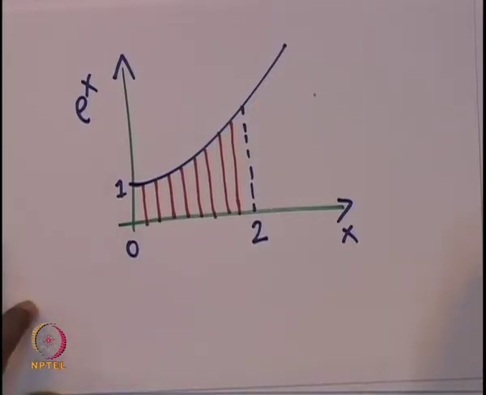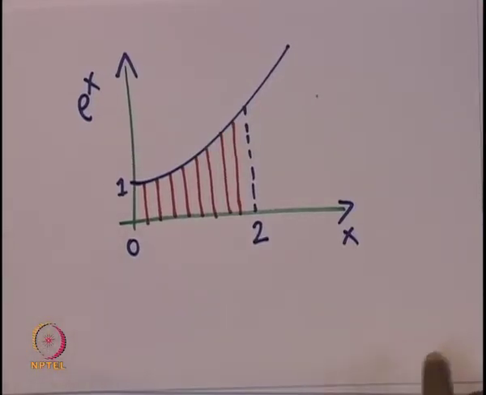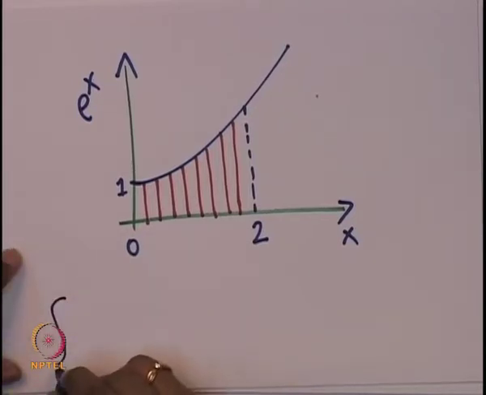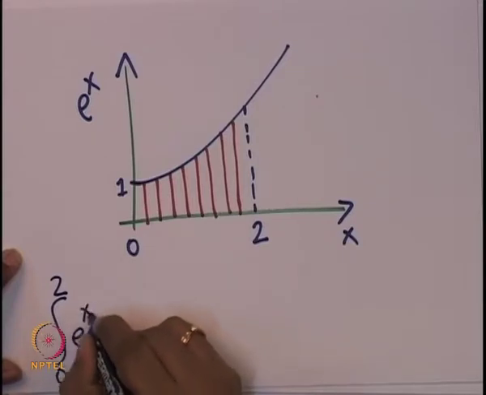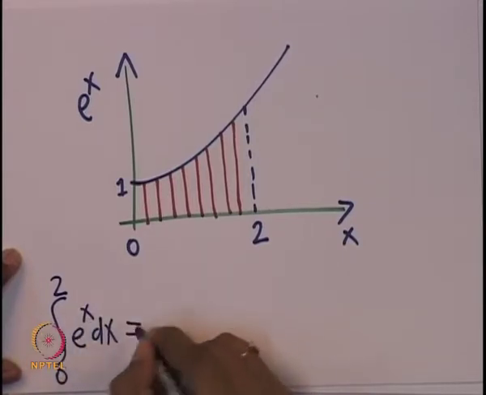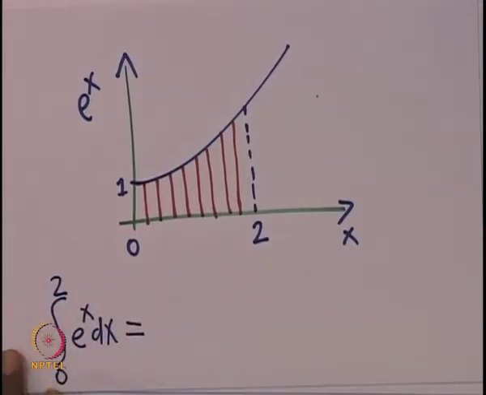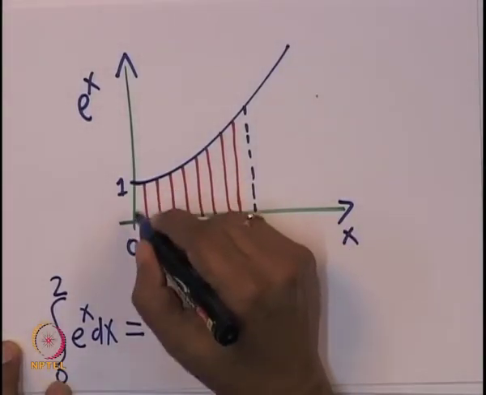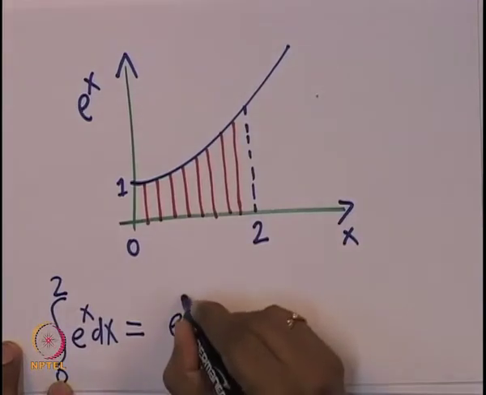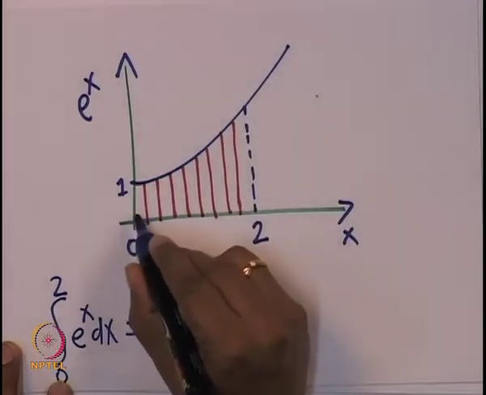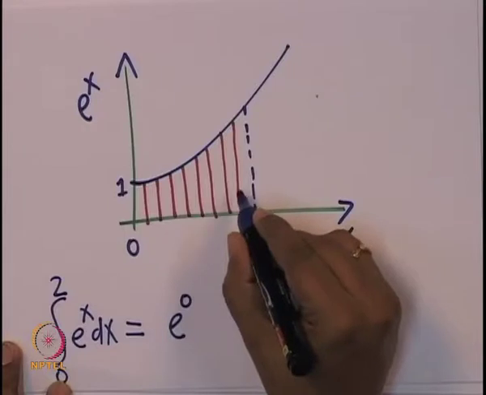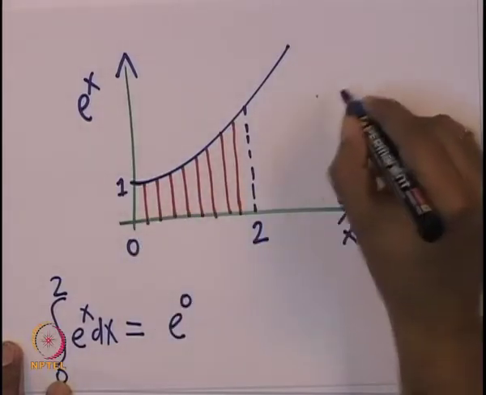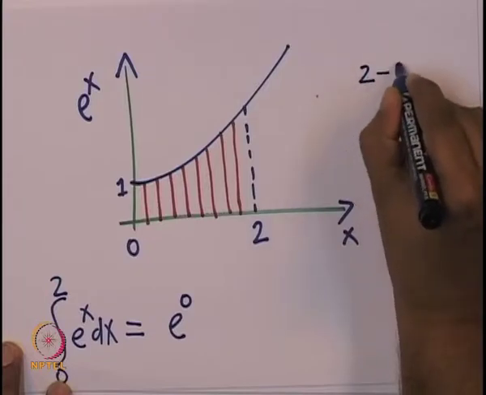According to what we said, the integral 0 to 2 of e power x dx will be equal to the following. You divide into many parts. First, let us take at 0. So, this is e power 0, and let us divide this into equal intervals. We divide this into n intervals between 0 and 2.